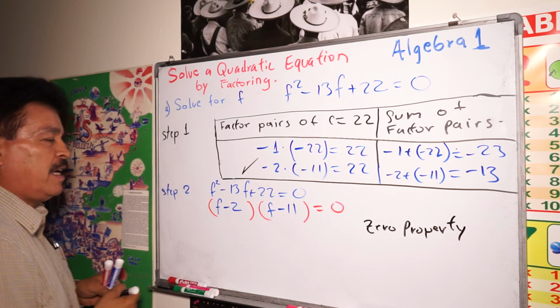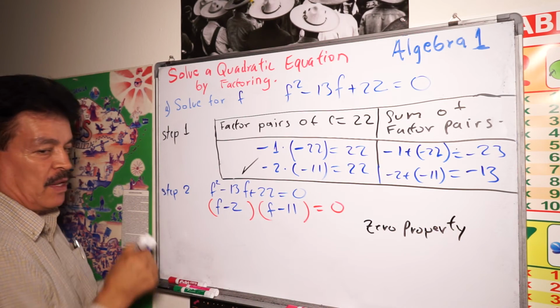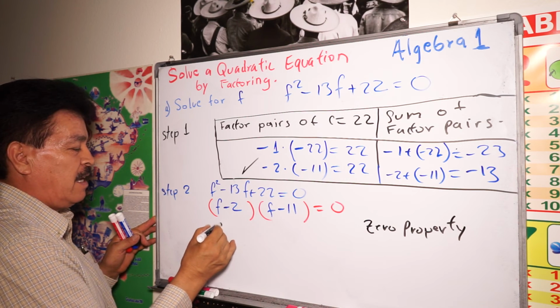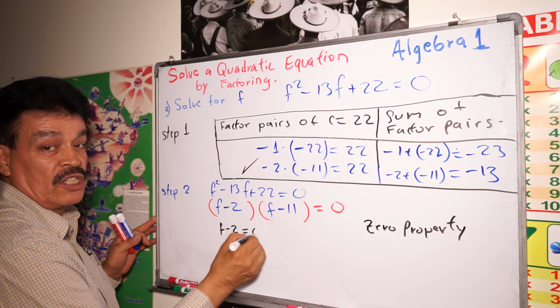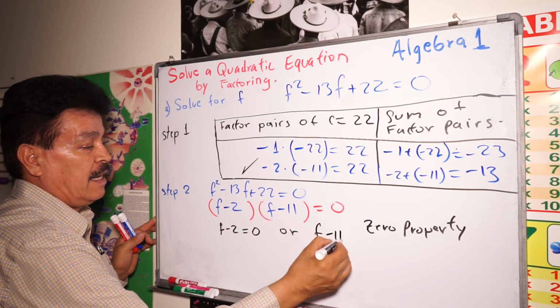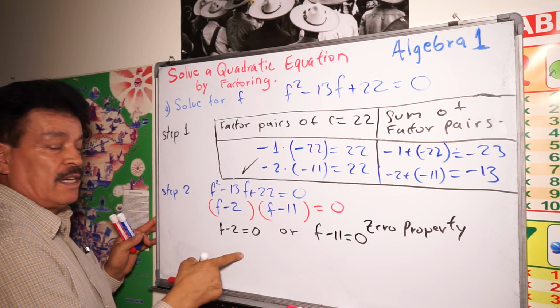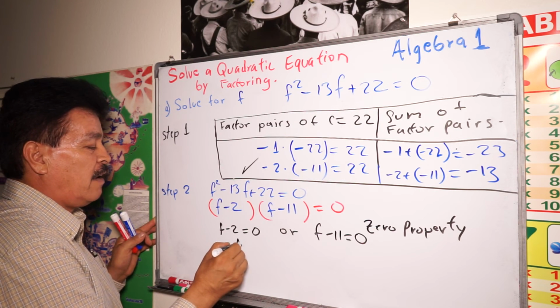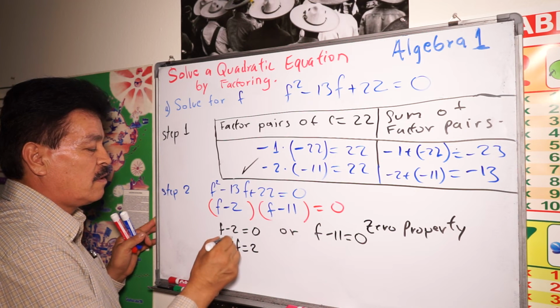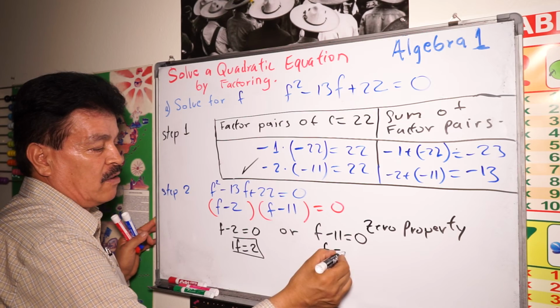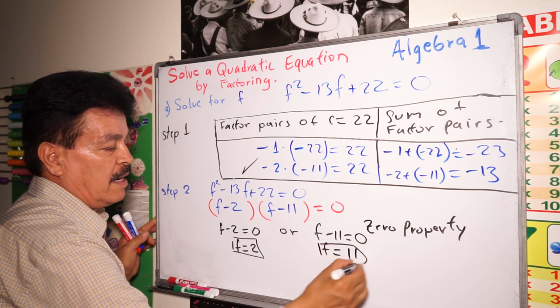Then we are going to have f minus 2 equals 0, or f minus 11 equals 0. Solving these, we have f equals 2, and on this side f equals 11, right? Why?